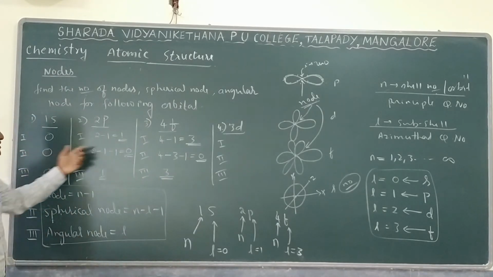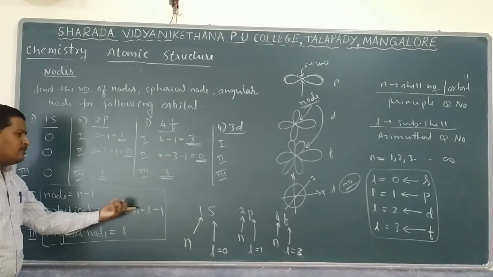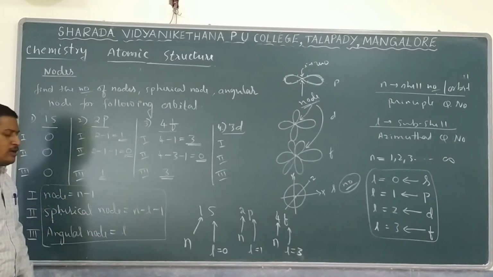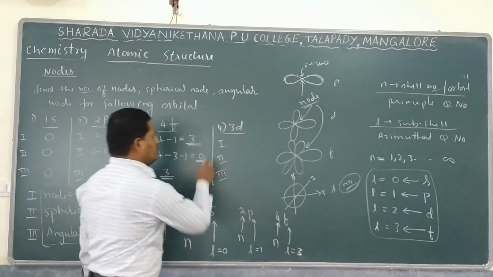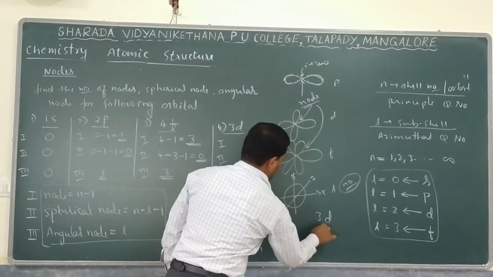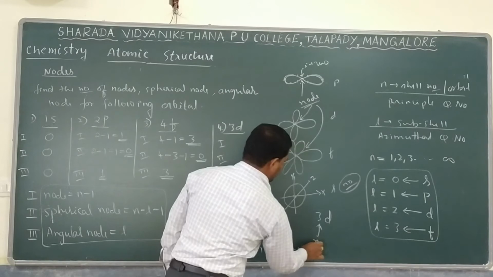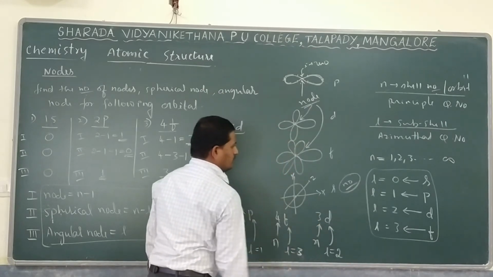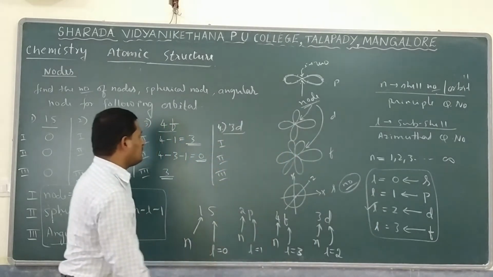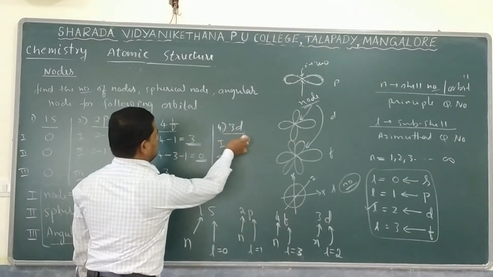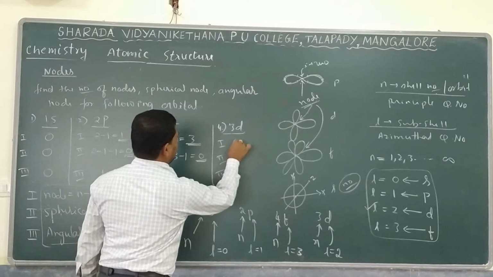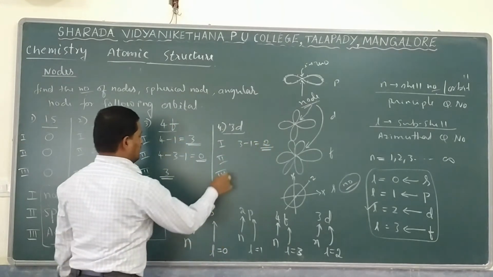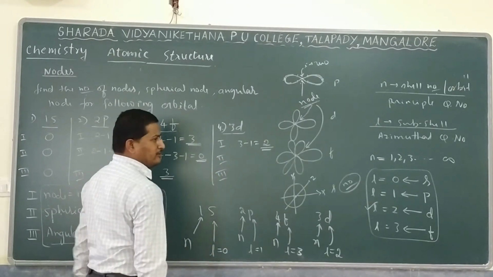That means in these 3 examples, the number of spherical nodes is 0, and whatever nodes are observed are all of the angular type. Next, if you go for the 3d orbitals, n value is going to be 3 and l equals 2 for d orbitals. Now substitute here. So 3 minus 1 for nodes is nothing but 2 nodes. And in that, how many are spherical and how many are angular? Let us see.